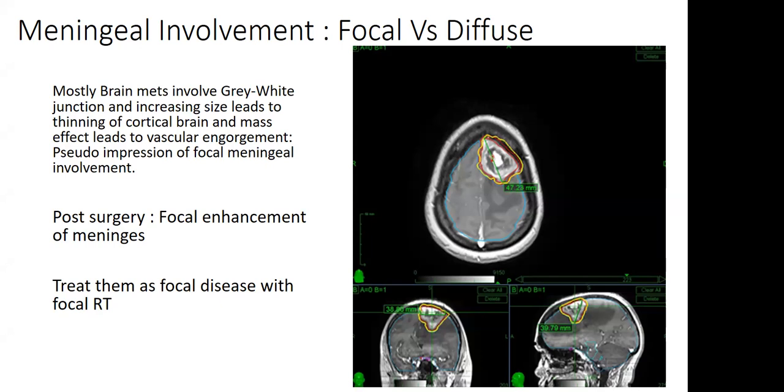So whenever the tumor is in this area, you may have a feeling that possibly the meninges have been touched and are involved, but no. You may have some enhancement on this meningeal site, but that is basically due to the vascular engorgement. In this scenario, we don't take it as meningeal involvement or leptomeningeal disease. We will still take it as a focal parenchymal disease with meningeal involvement possibly in the focal area.